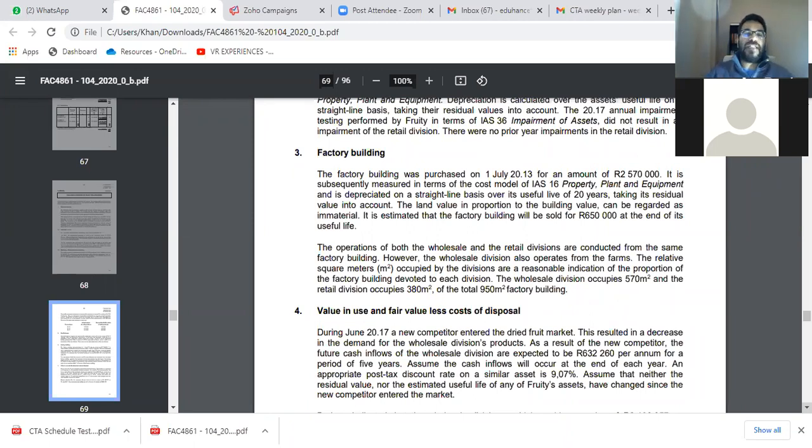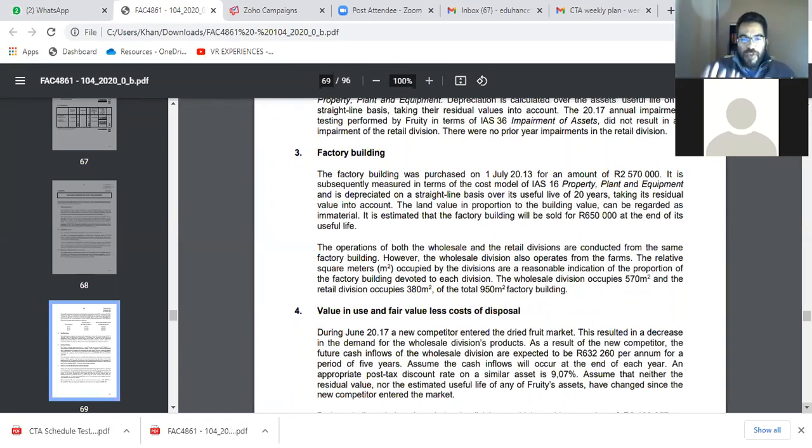So when you have a corporate asset, there's one of two ways you can go. The first way is that you can allocate the factory building on a consistent and reasonable basis to the CGU that you are looking at. What is the CGU that we're looking at? We are looking at the wholesale division, okay? Now we know the wholesale division doesn't house the full factory. It only utilizes part of the factory.